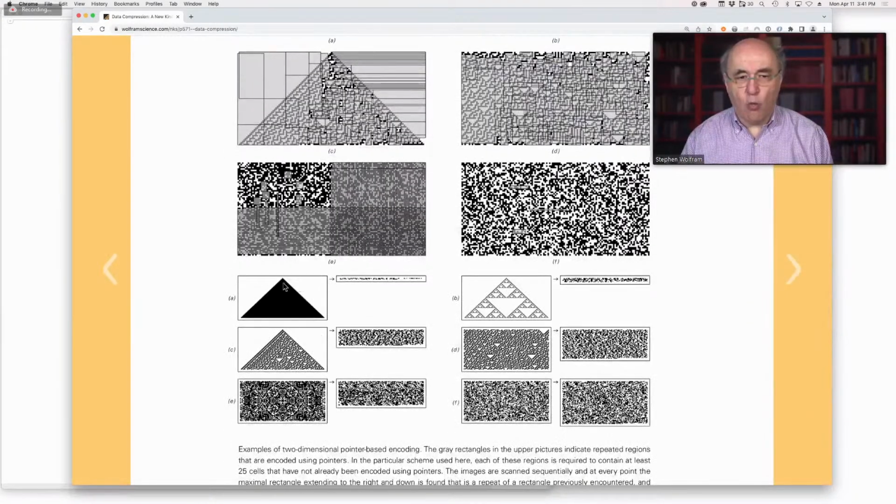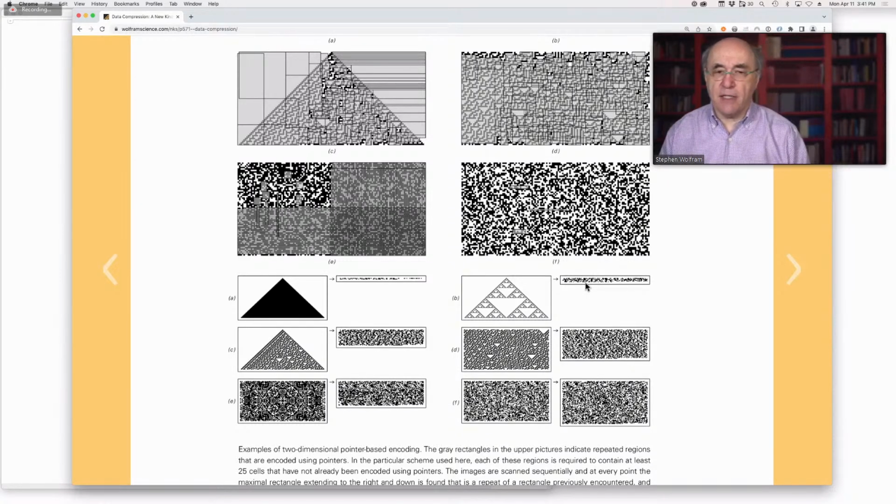So see how well it compresses something like this or something like this. It compresses it to practically nothing, because these patterns can be readily decomposed into these nested structures. But yet again, in this case, it is succeeding in identifying some of the regularities that come from the fact that this is a Rule 30 pattern.